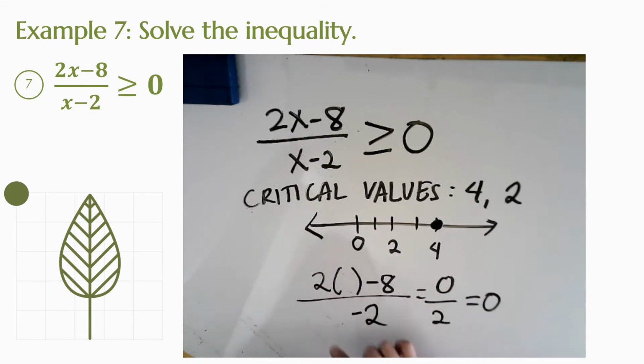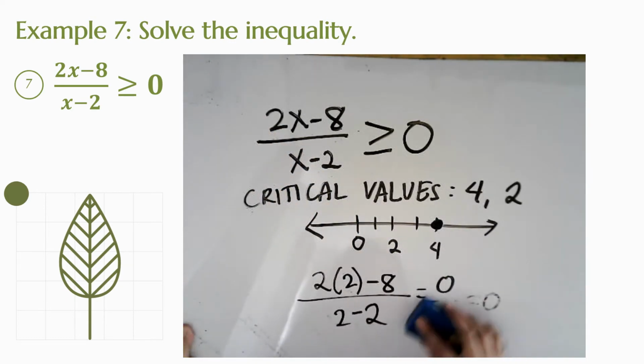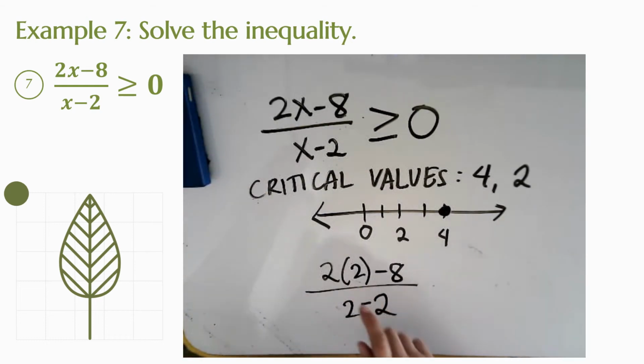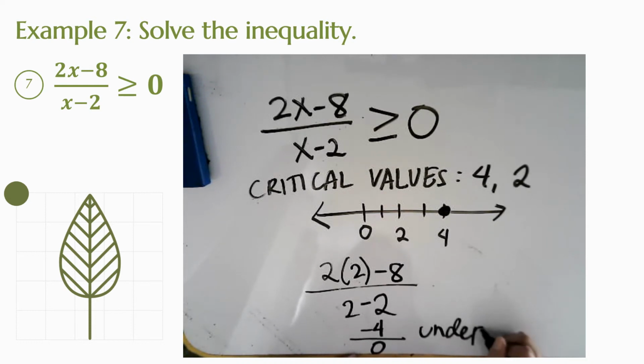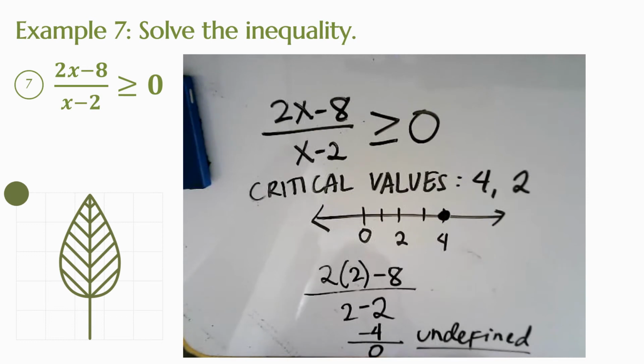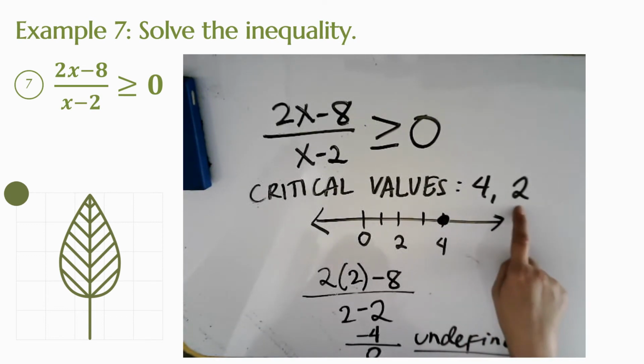So we have 2 times 2, which is 4, minus 8 is negative 4, over, on the denominator, 2 minus 2 is 0. So negative 4 over 0 is undefined. So since it's undefined, it means that critical value 2 is not included in the solution.